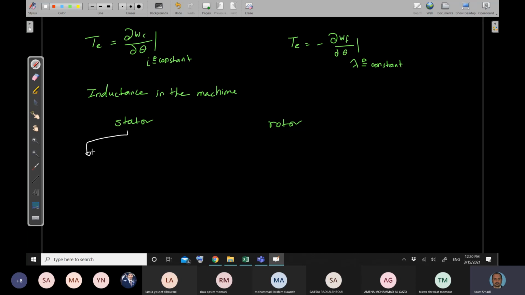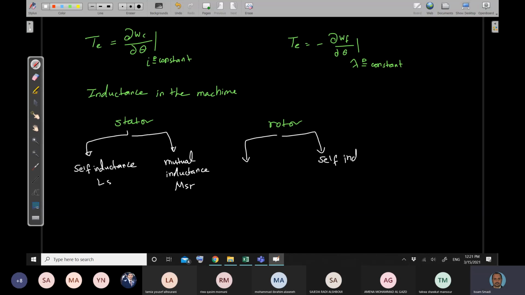For the stator, we have a self-inductance, which in general we call LS, and also we have a mutual inductance between the stator and the rotor, which we call MSR. The same thing for the rotor: we will have the self-inductance, which is LR, and the mutual inductance, which is MRS.